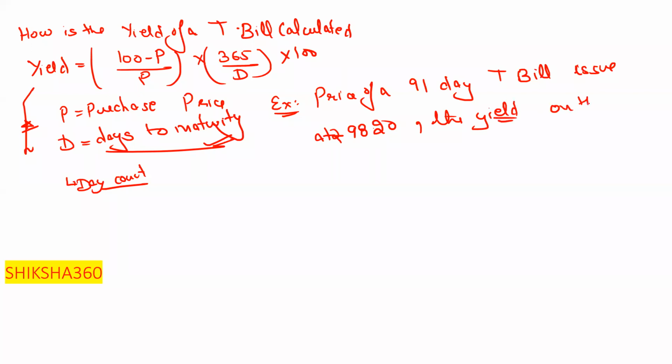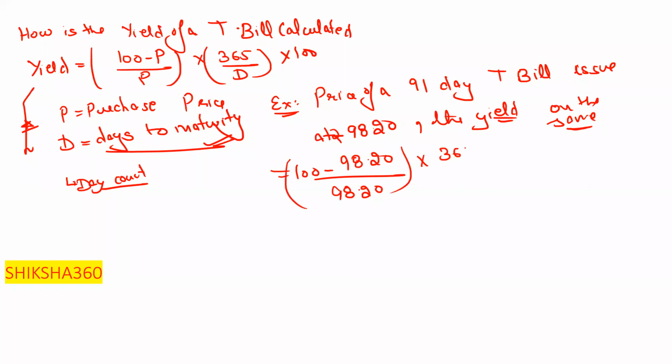The yield on the same would be (100 minus 98.20) upon 98.20, into 365 upon 91, into 100. In this way, the yield is to be calculated.